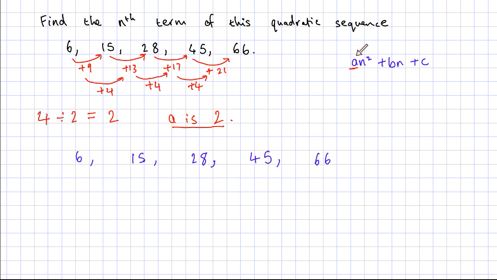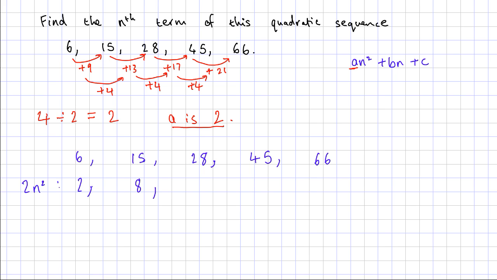Okay, and now I'm going to write the sequence for this part here. So now my a is 2, so I need to write 2n squared. And the sequence for that: the first term would be 1 squared, so 1 times 1 times 2, that's going to be 2. The second term is 2 times 2, which is 4, times 2 is 8.